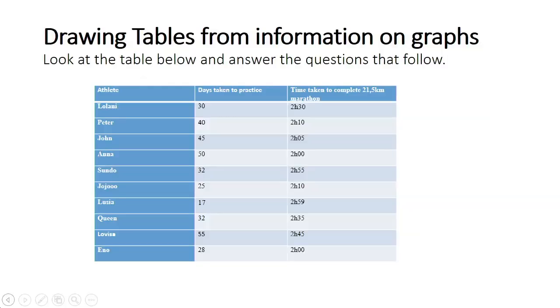In the first column, we have the names of the athletes, in the second we have days taken, and then the time they took to complete the marathon. What they want is that you look at this graph and come up with questions for your learners, or they will ask you questions and then you have to answer. But you need to get the information from the graph. That is very, very important.